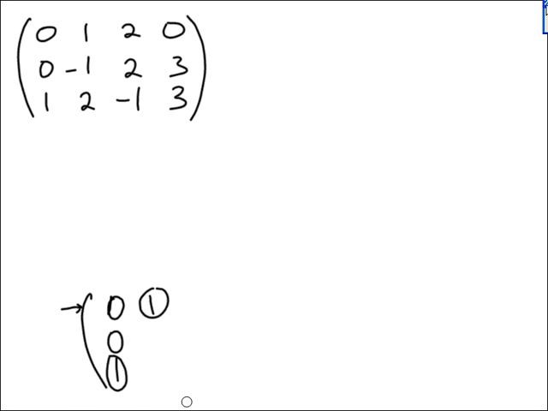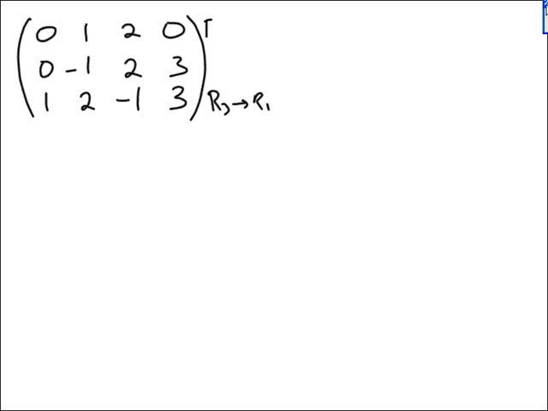So what I'm getting at is, sorry to start off with this complicated thing right here, but the first thing you should do in this case is put row 3 in row 1 position. So row 3 goes to row 1, and row 1 goes to row 3.